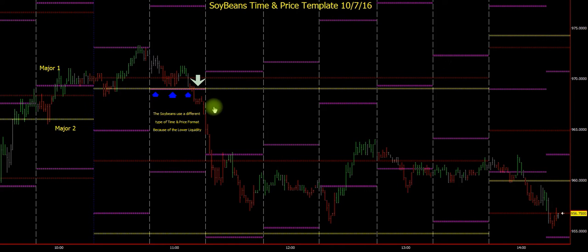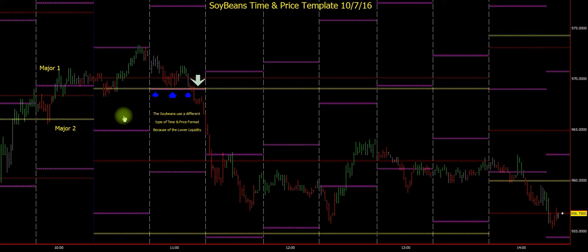But in this situation, we were coming down to it, and we got a move lower. You can see these time and price bands work. The magenta right here nailed this high. But what you really want to look for in lower liquidity markets is this type of thing, where you have two sets of time and price.